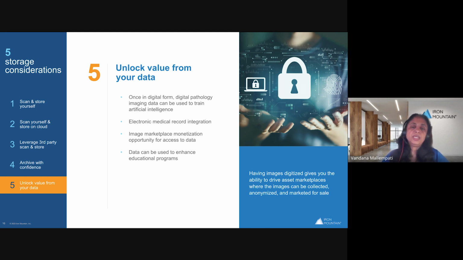Having digitized images gives the ability to drive marketplaces where the images can be collected, anonymized, and maybe marketed for sale. It plays a significant role when you look at how research can use these digitized images, and also how one can use these digitized images for training and education purpose.